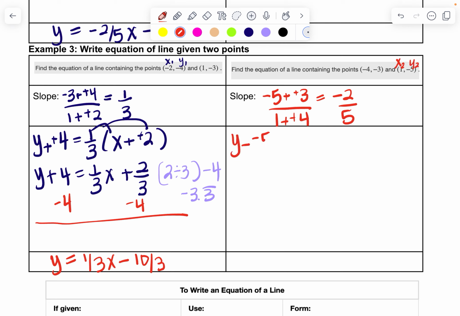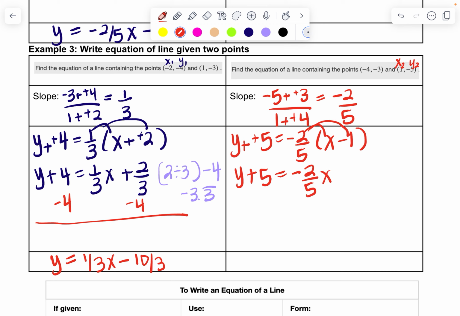So y minus the y value equals our slope times x minus the x value. Subtracting a negative becomes adding a positive. So y plus 5 equals, if I distribute, I get -2/5 x. -2/5 times -1 is +2/5. And then subtracting 5 from both sides.